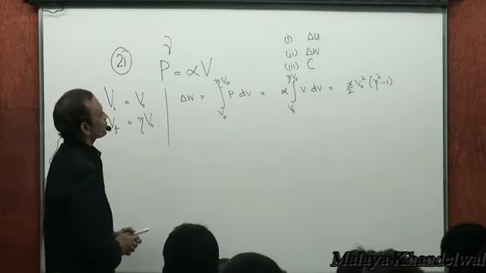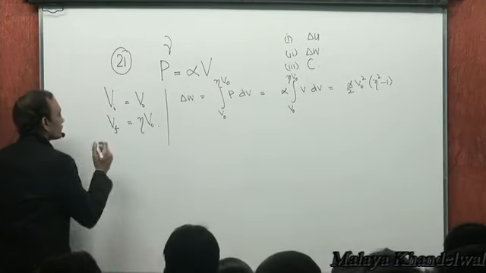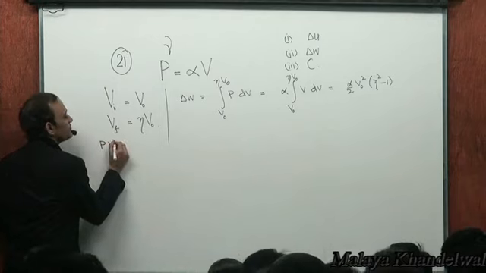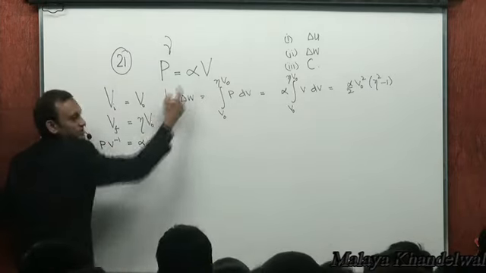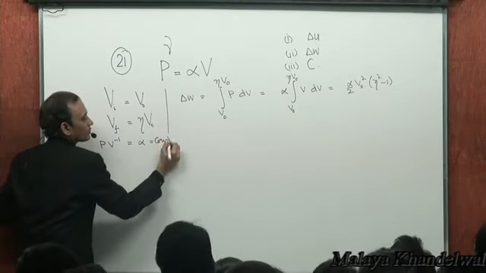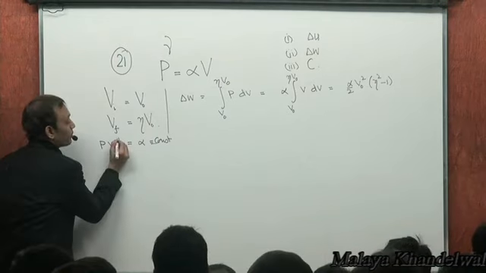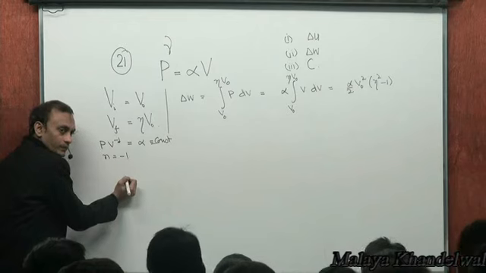Now, see, this process is like P V to the power minus 1 equal to alpha, which is a constant, isn't it? That's what this process is. A polytropic process in which the polytropic exponent is n equal to minus 1, right?